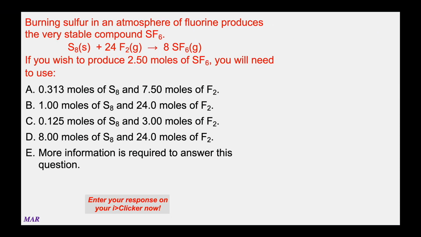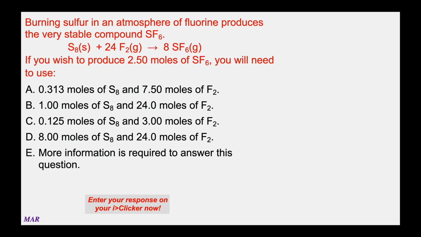Cool. Burning sulfur in an atmosphere of fluorine produces the very stable compound SF6. SF6 is actually one of the worst, apparently, things for greenhouse gases, I guess. So SF6 is actually a controlled substance now, which is interesting, sulfur hexafluoride. Anyway, we wish to produce 2.50 moles of SF6. So what are we going to need here?